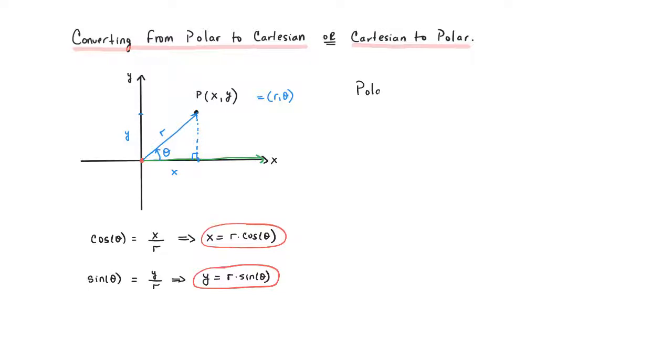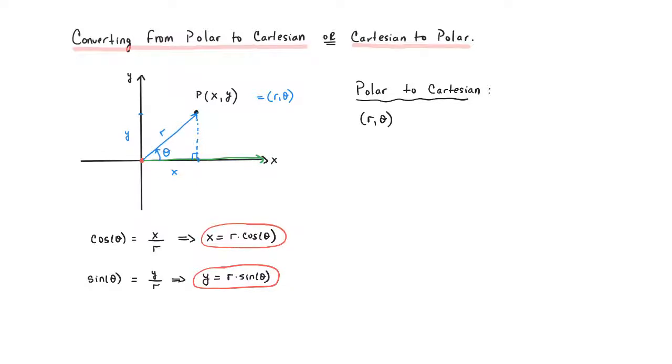In other words, if I want to go from polar to Cartesian coordinates, that means that if you're going from polar to Cartesian, you have the polar coordinates.